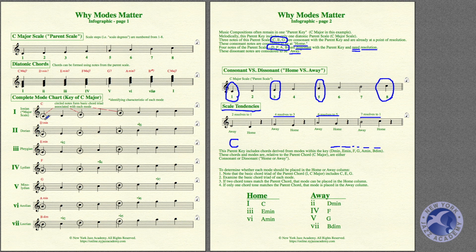So the mode is the full scale, and then we made each chord by circling the first, the third, and the fifth note and playing those together, right? Or the 1, 3, 5, 7. So that's that. Next, these chords and modes are relative to the parent chord C major, are either consonant or dissonant. So they're either home or away.